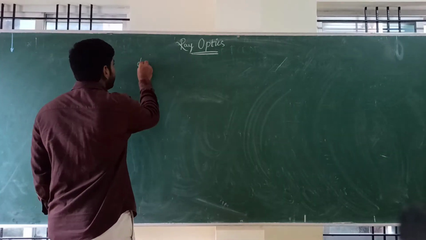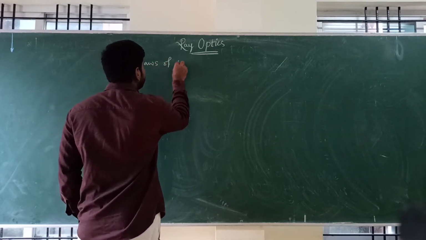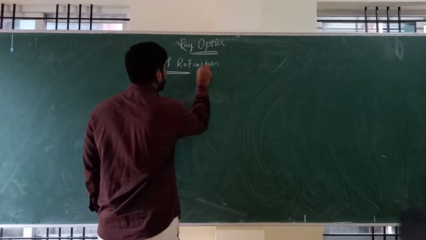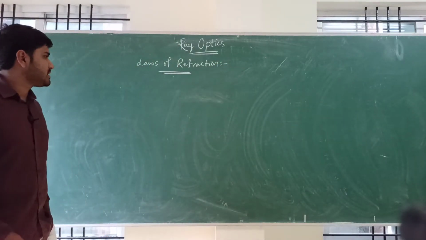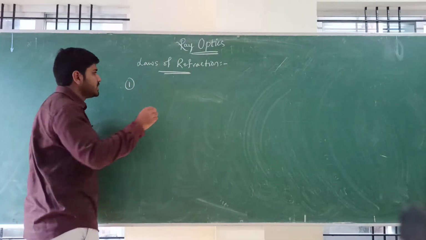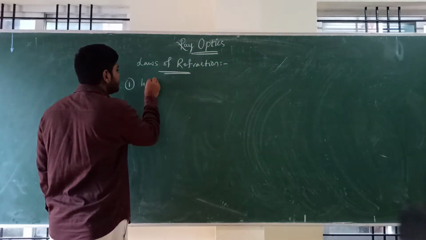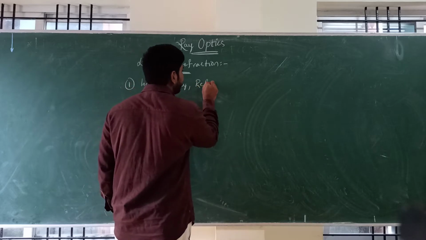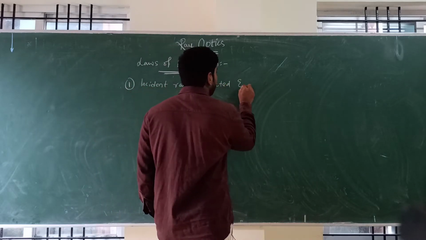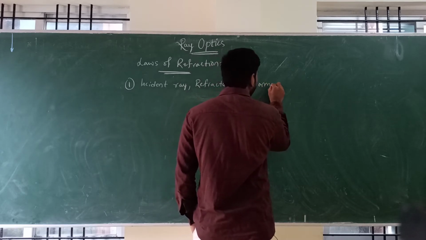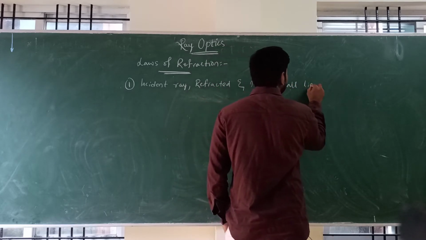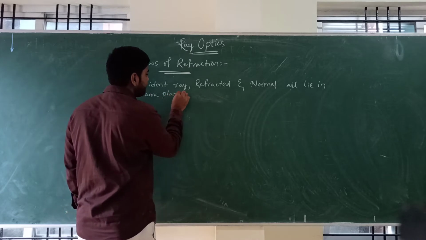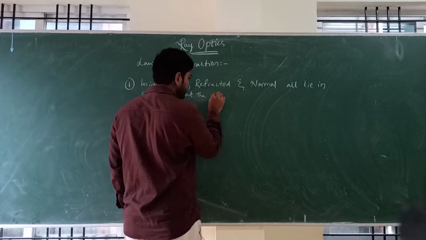Okay, so the first law of refraction is: the incident ray, refracted ray, and normal all lie in the same plane at the point of incidence.